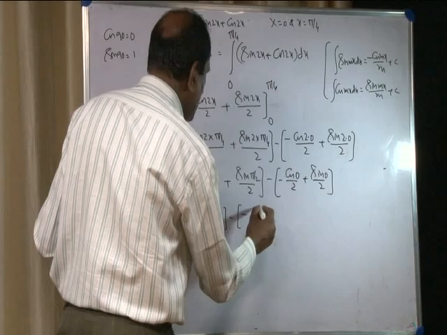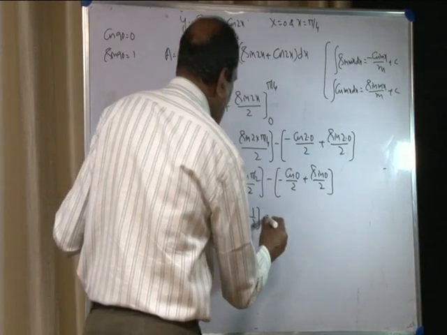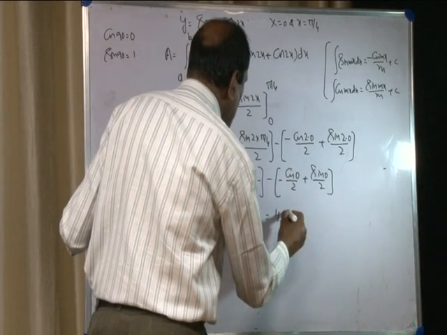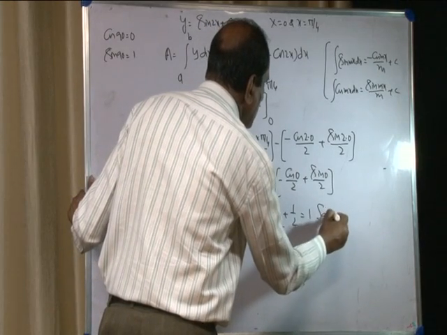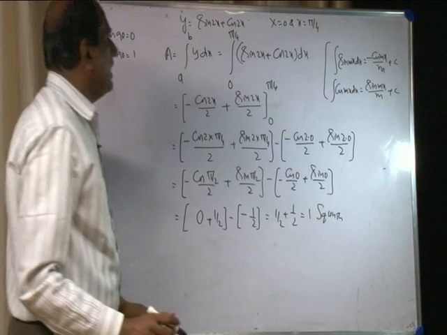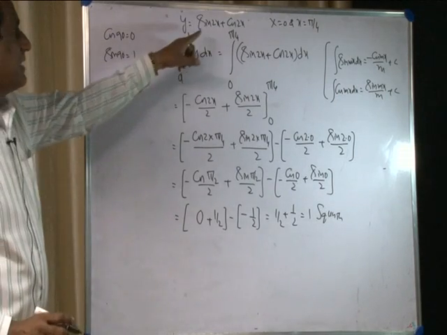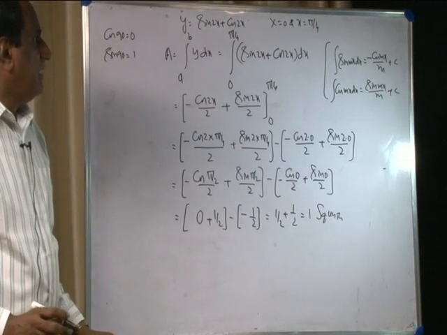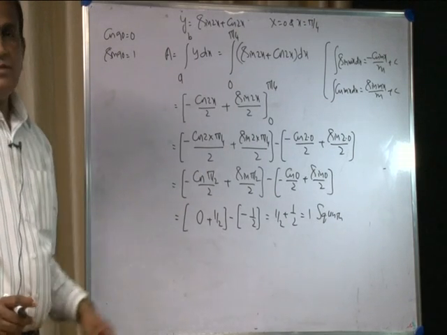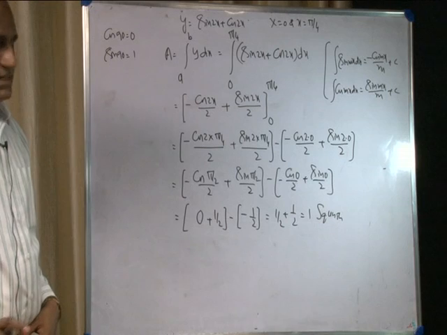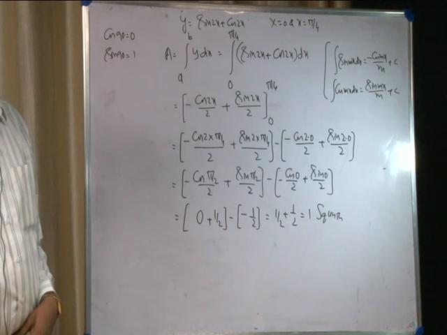So, we get half minus minus half, plus half, which is equal to 1 square unit. So, the area of the curve sin 2x plus cos 2x between the limits 0 and pi by 4 is 1 square unit.